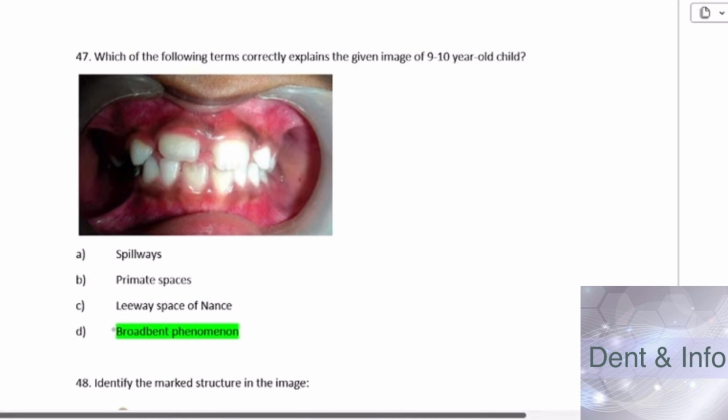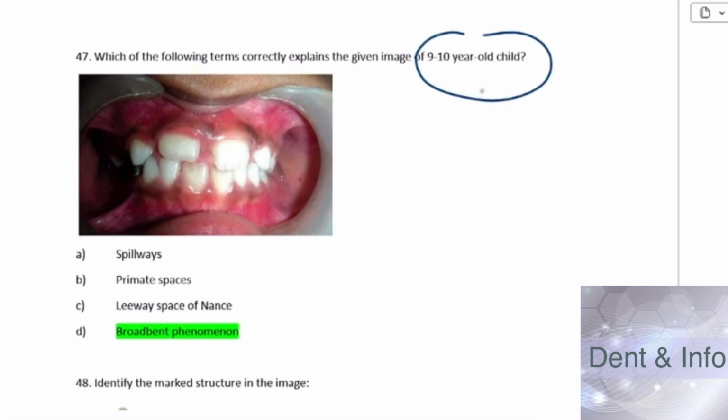Next, which of the following terms correctly explains the image of a 9 to 10-year-old child? Age is important. What are you seeing? Central incisors. There is a midline diastema. Spacing is there. So in 9 to 10 years, this is the time when canines are erupting. So what do we say?